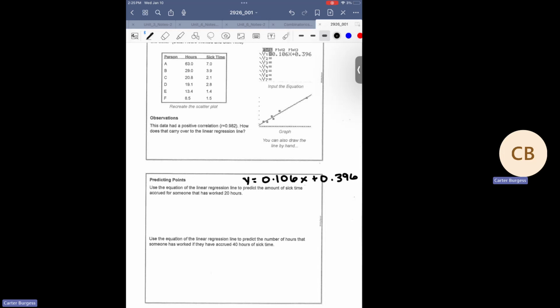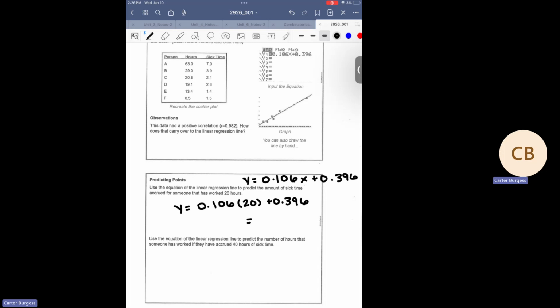So here's where it's really important to keep track of what your axes are, what we are paying attention to. We have been given an x value here. And so in order to find the corresponding y value, what do I need to do with that x value? Plug it into our equation. y should be equal to 0.106 times our 20 plus 0.396. Plug that into your calculator.